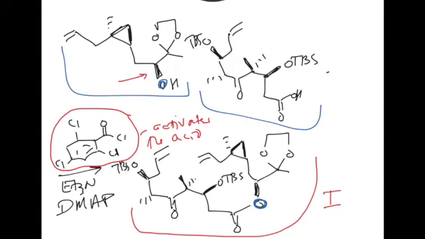I didn't have to redraw it. The next step is they use a Grubbs catalyst, and they put this carbon of this double bond and this carbon of this double bond together to close the ring and make that double bond there.